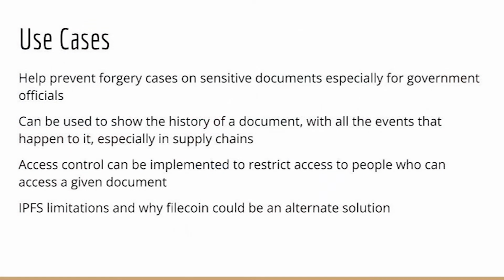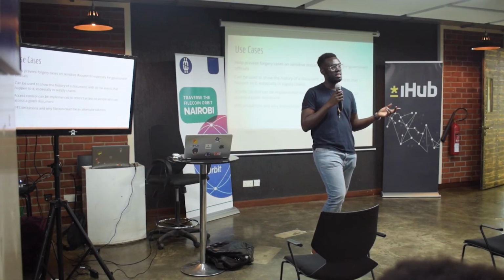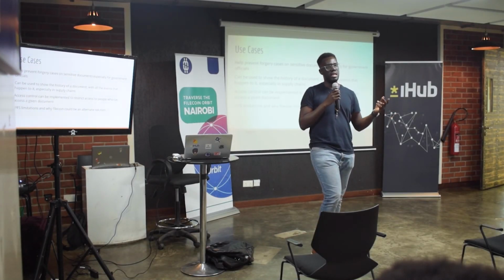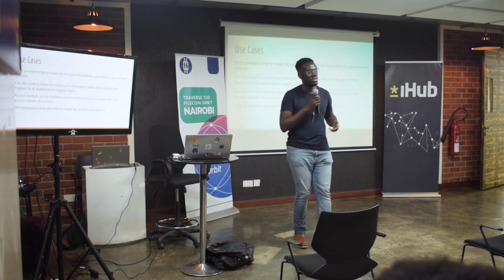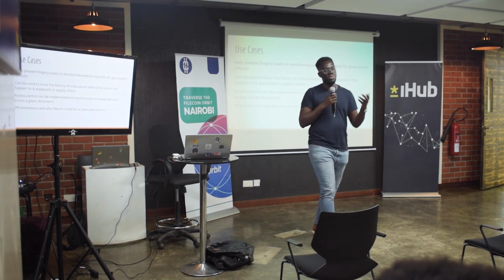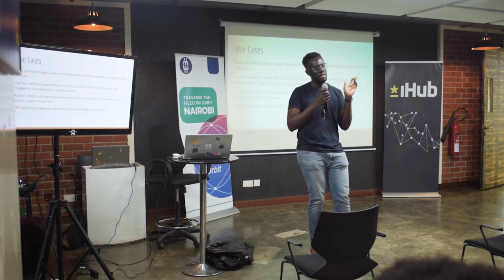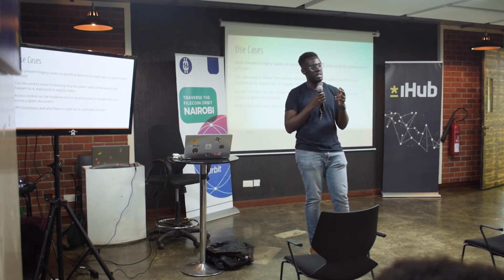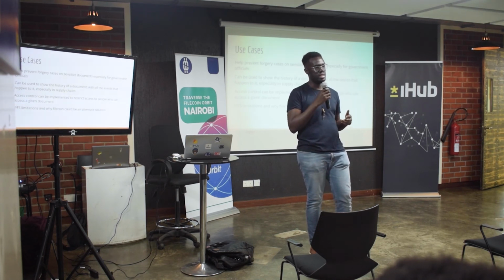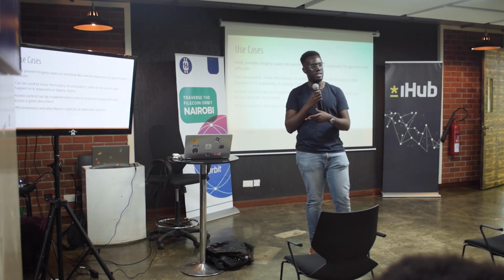And the same thing happens in government agencies, because you may have a document that has been rejected and needs a review. That document will again be uploaded on the IPFS. The hash will be on the blockchain. When it gets reviewed, the hash will change, and then you just reflect that on the blockchain.